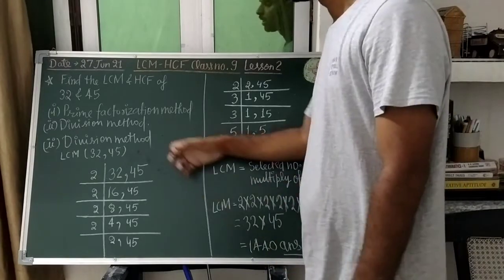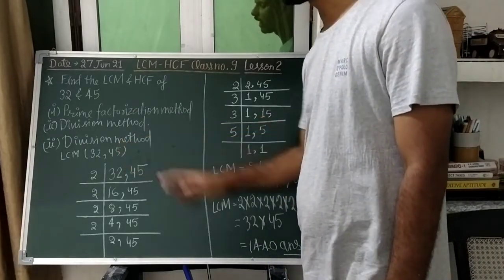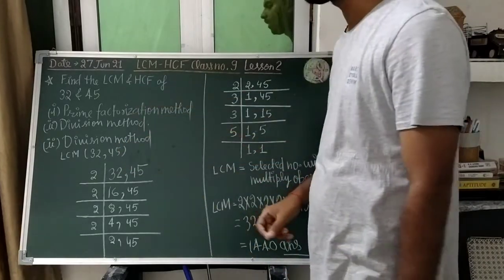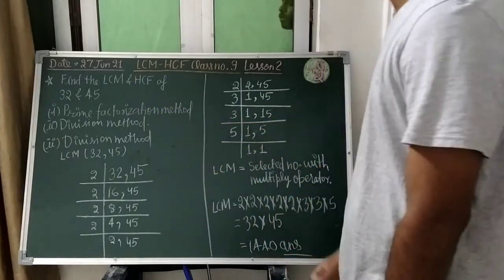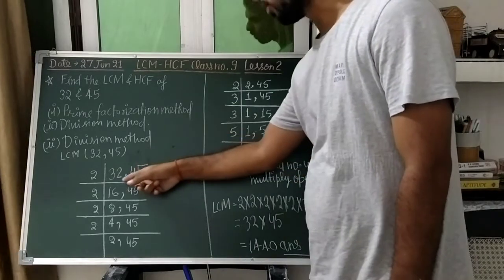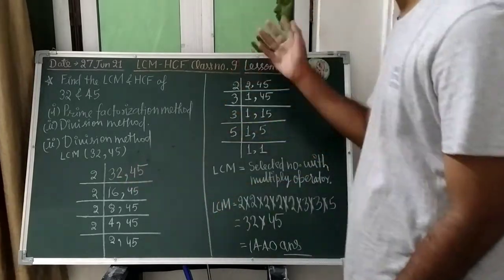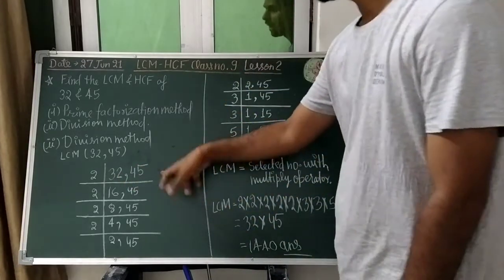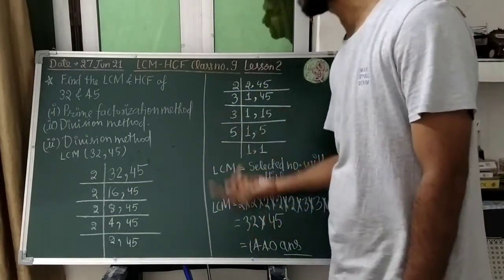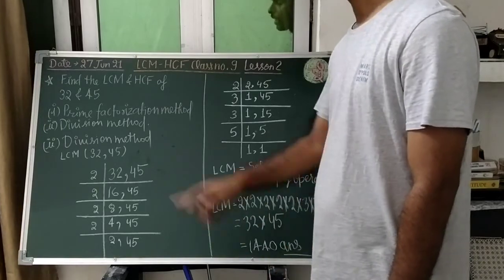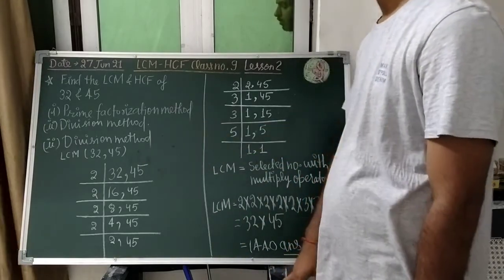So students, in the case of LCM, if we want to find out the LCM of the given numbers in the problem by division method, all the numbers given in the problem, 32 and 45, we will select and will apply the same rule which we were using in the prime factorization method.